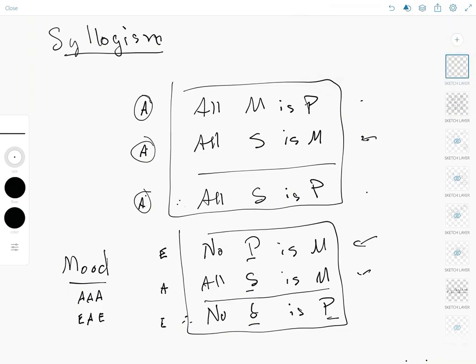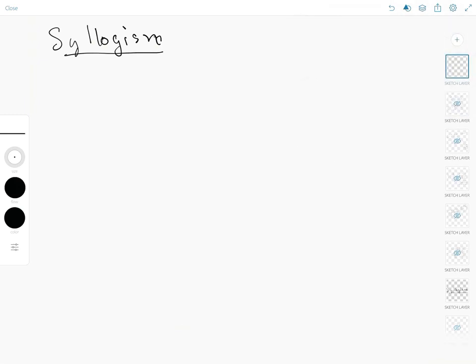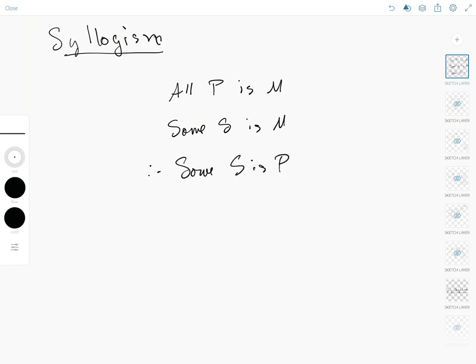Let's look at one more example. Suppose we have an A for the major premise. That's going to be all P is M. Let's have some S is M. Therefore, some S is P. Okay? So let's analyze this.